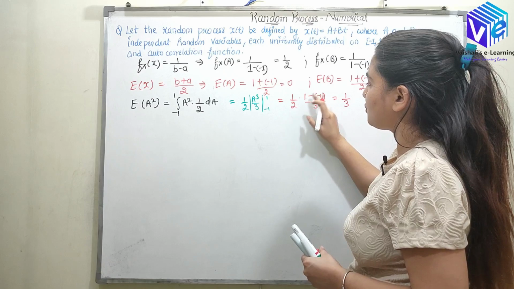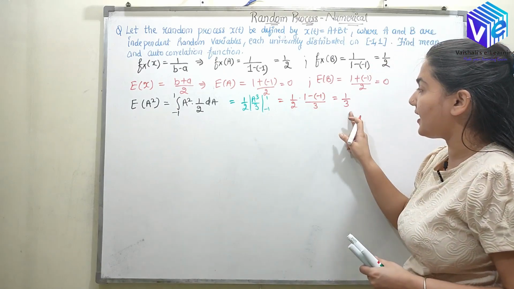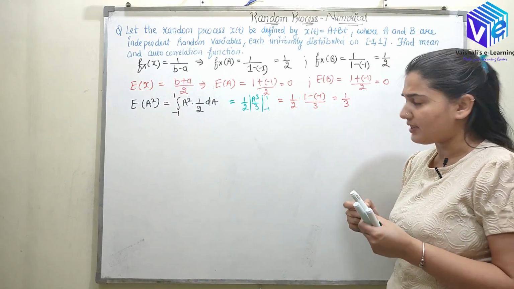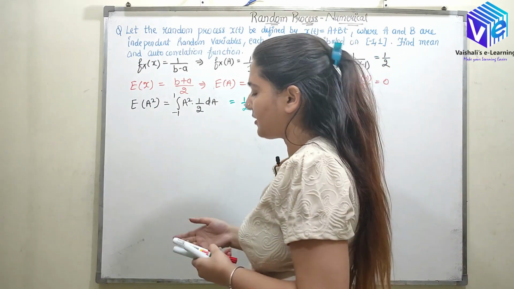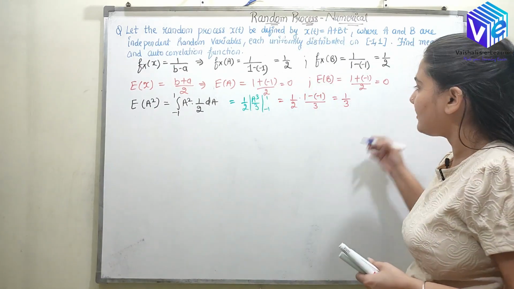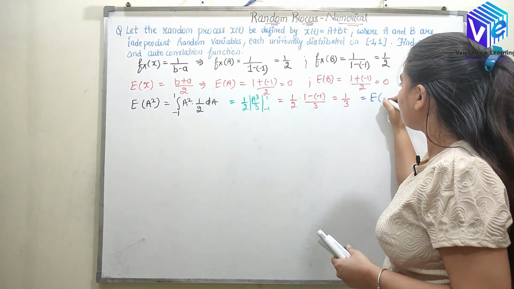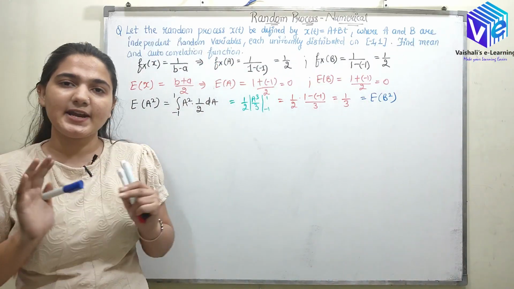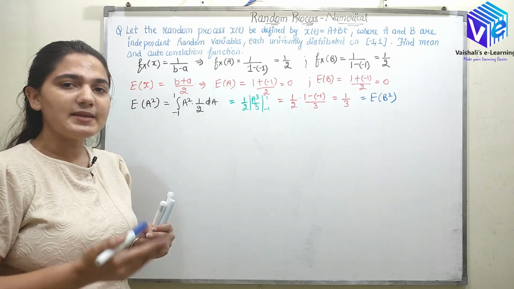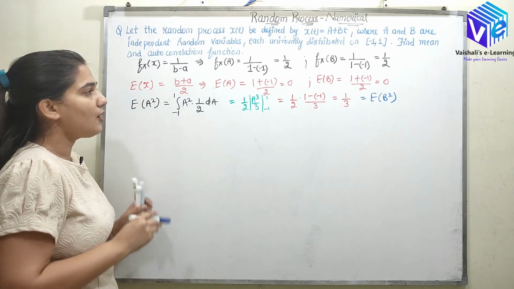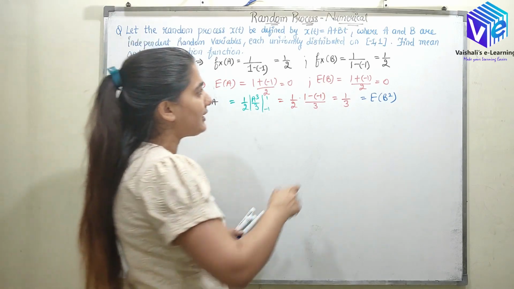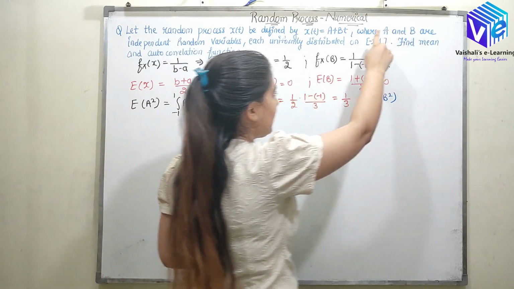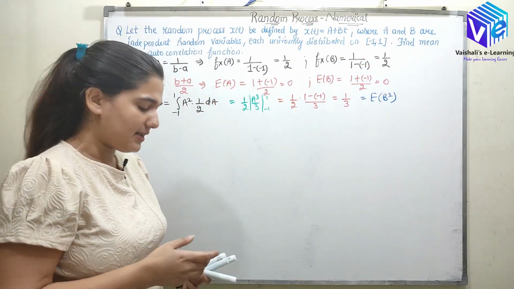Because this was 2, the 2 and 2 cancel out, and I'm left with 1/3. So E of A squared is 1/3, and similarly this is equal to E of B squared. So I have found the PDF, the mean and the variance, and analyzed totally what my random variables A and B are.